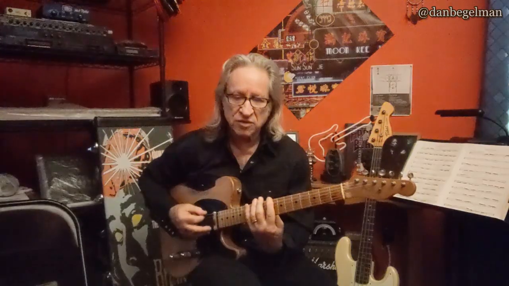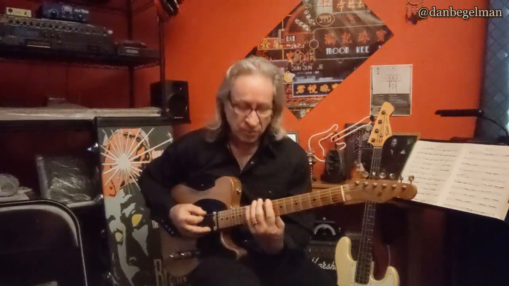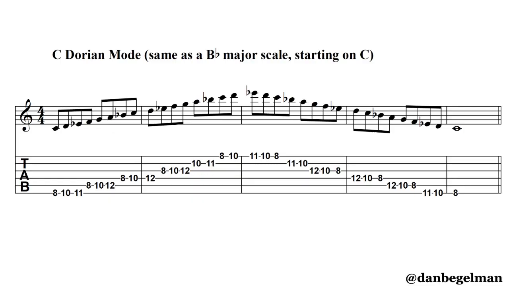Here's the second mode, Dorian. Again, all of these are going to have C as my key center. So here's a C Dorian mode. Here's a C Phrygian mode.